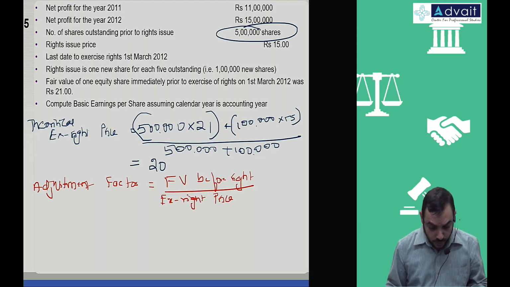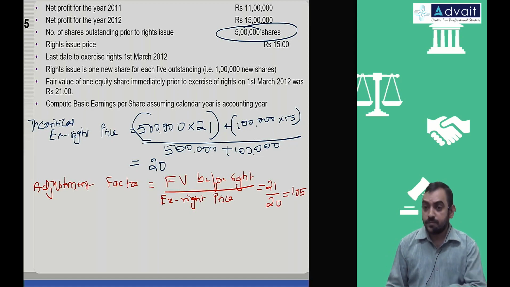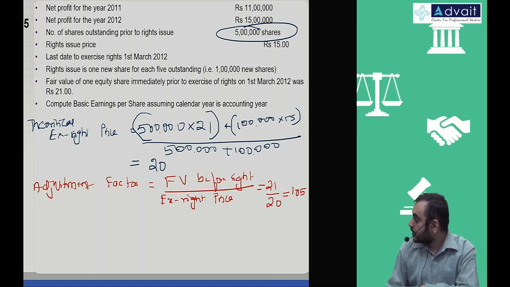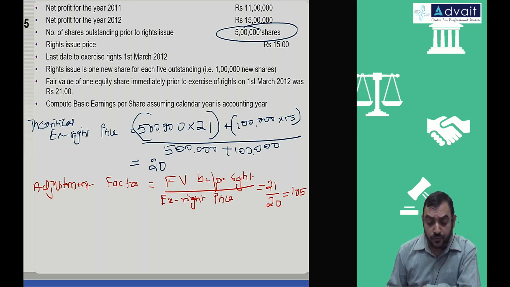That is 21 divided by 20, 1.05. That basically means 1 rupee worth is now becoming 1.05. That 0.05 is a bonus element indirectly, the value of the right on a ratio basis. But anyway, don't worry about that part. Let us just understand how to make use of this.